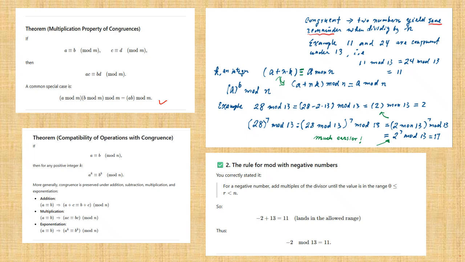In addition, you have several other properties, addition properties. If two numbers are congruent, which means once again they yield the same result, using the symbol called congruence, not identity, and you add a constant, they're still congruent.